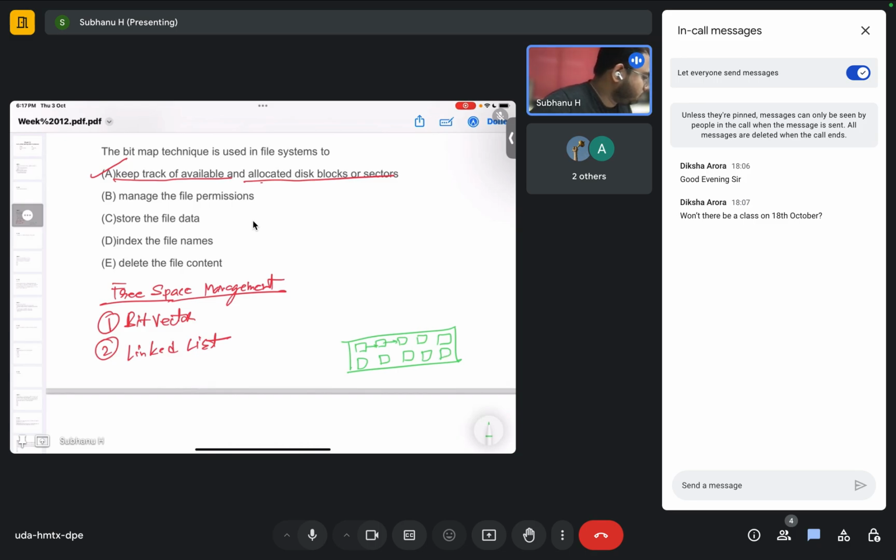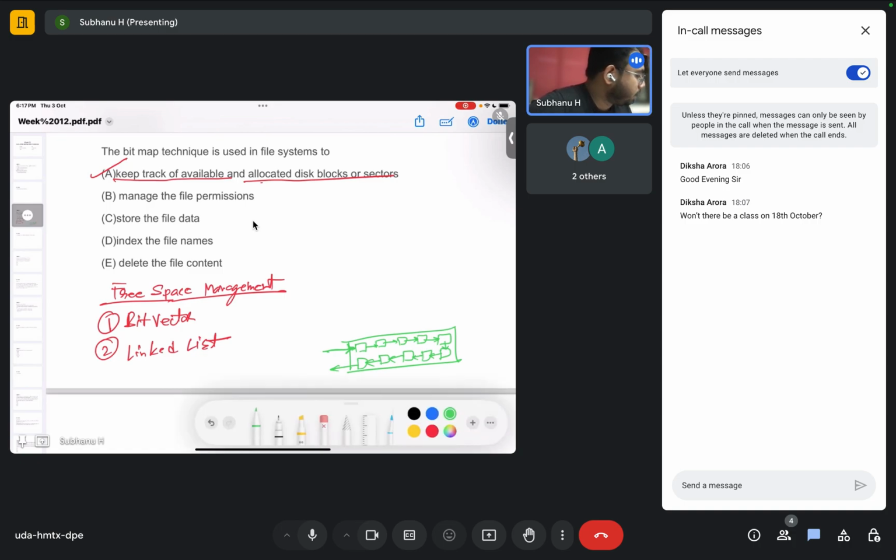In a linked list, every block will be linked with the other block. This is how it starts and this is how it ends. So a linked list basically links together the free disk blocks, keeping a pointer to the first free block in a special location on the disk and caching it in the memory.